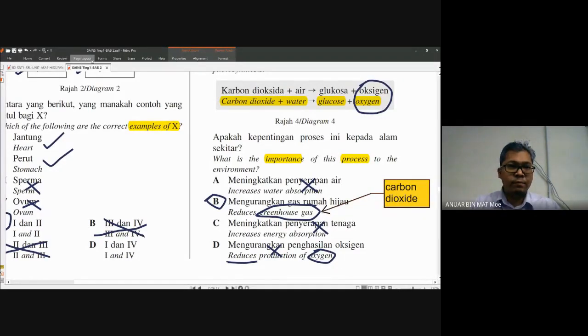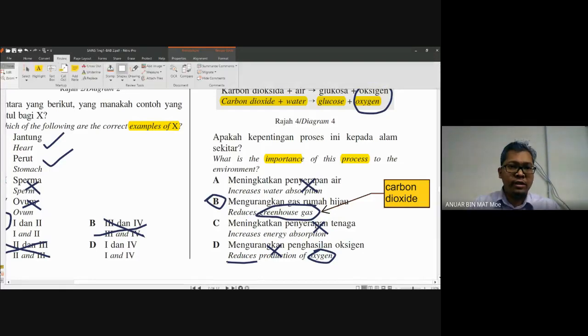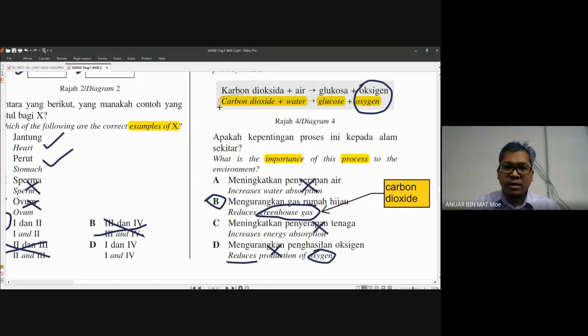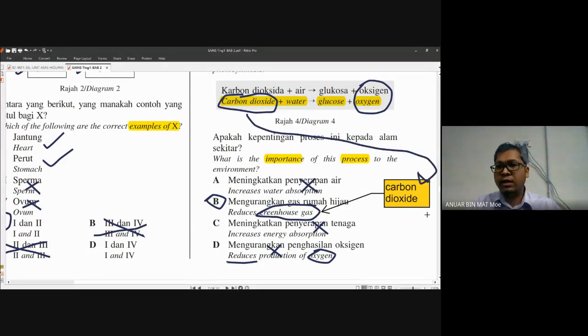You can see here, the process of photosynthesis uses carbon dioxide, so it will reduce or decrease the greenhouse gases. Because in photosynthesis, the plant takes carbon dioxide and converts it to glucose and oxygen.